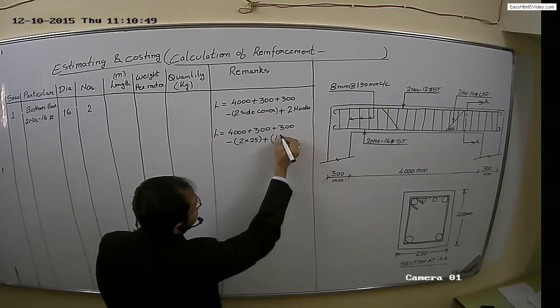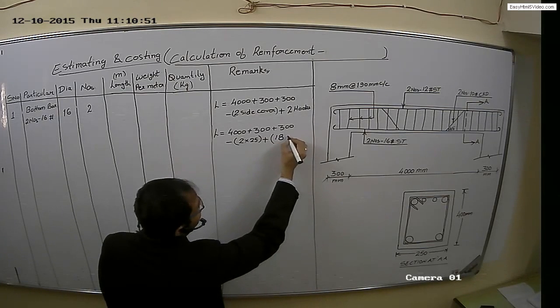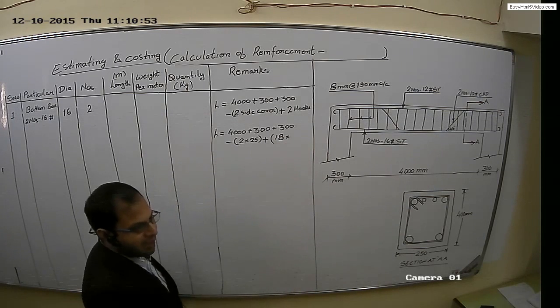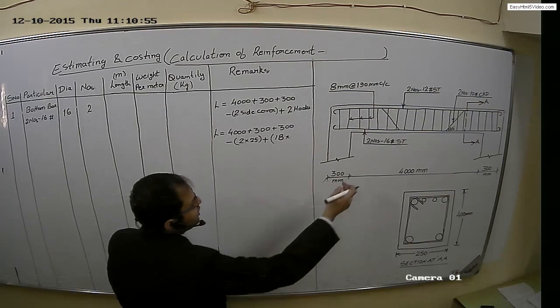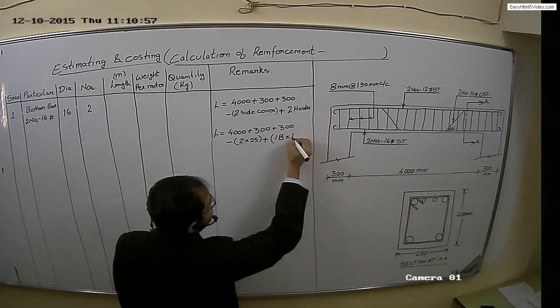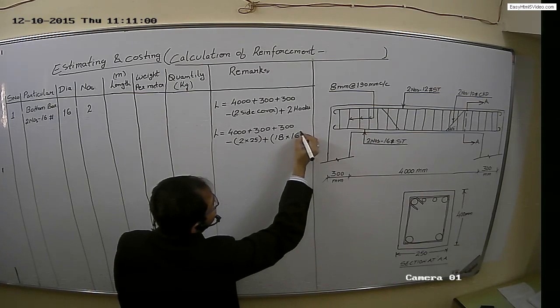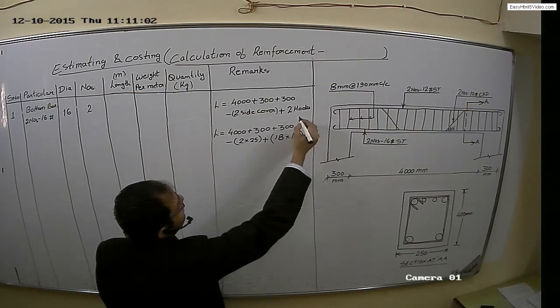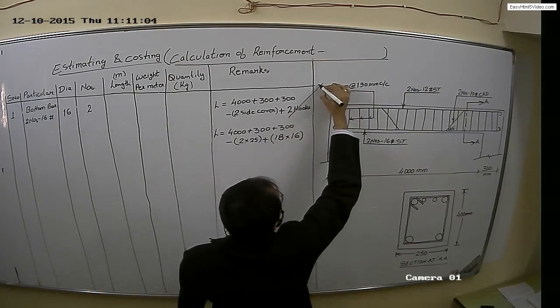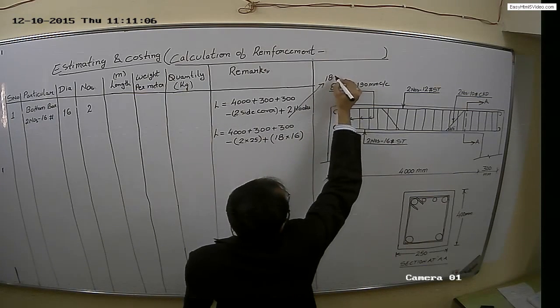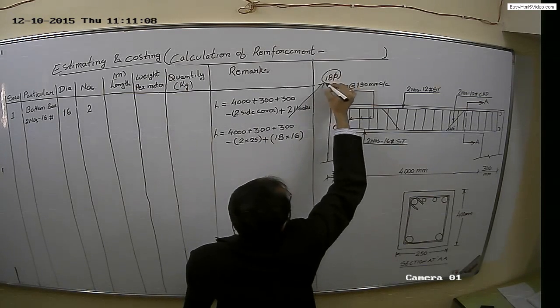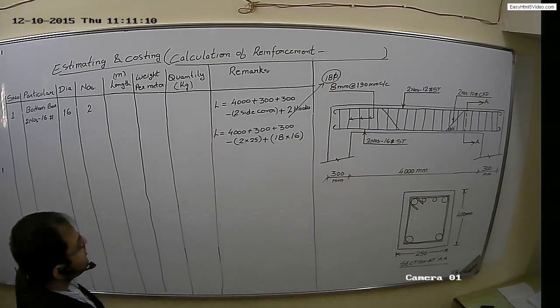So 18.5 d, where d will be the dia of the bar considered. So dia is 16. So 16 into 18.5 for 2 hooks. Just remember this. Okay.